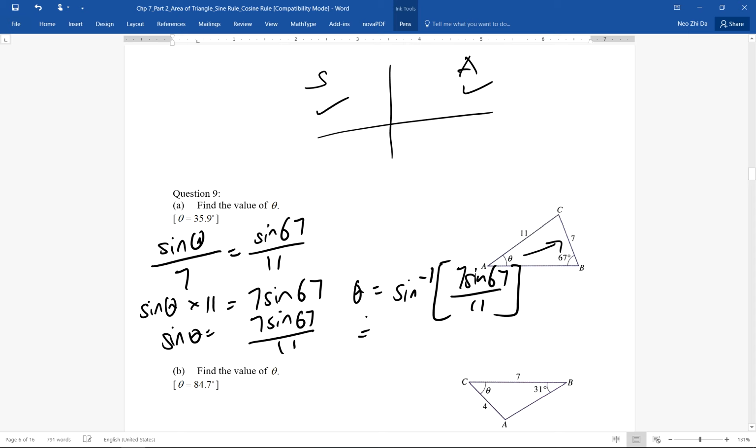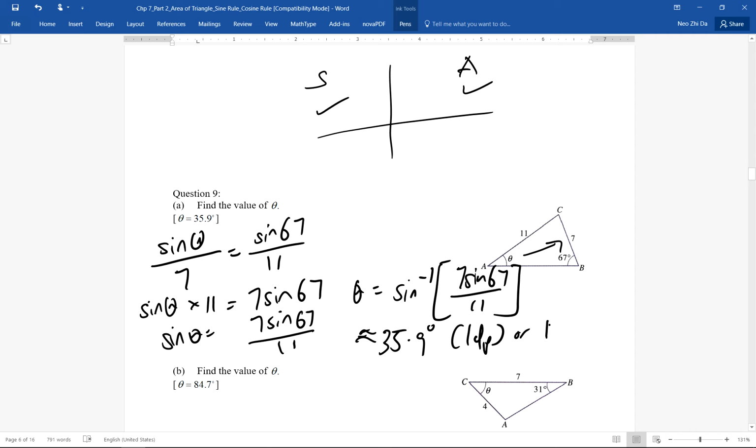So sine inverse, let's see. Sine inverse of 7 sine 67 over 11. Your first answer, rounded up, is 35.9 degrees, 1 dp. What is the second answer? Just take 180 minus it.